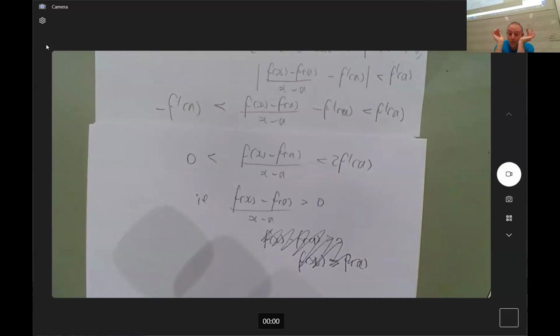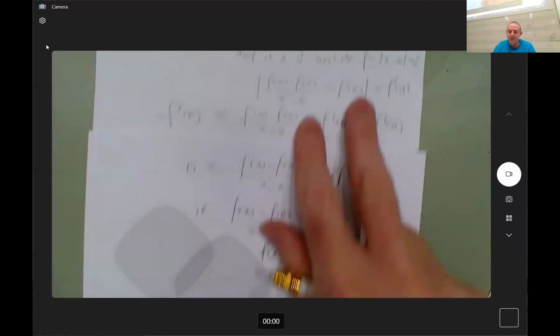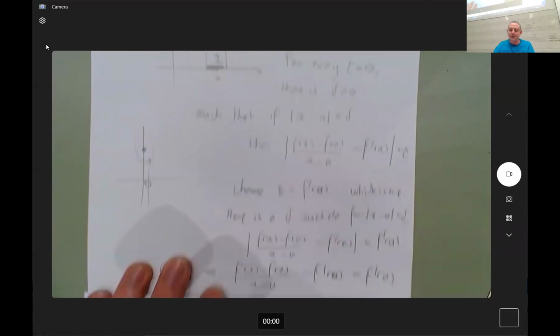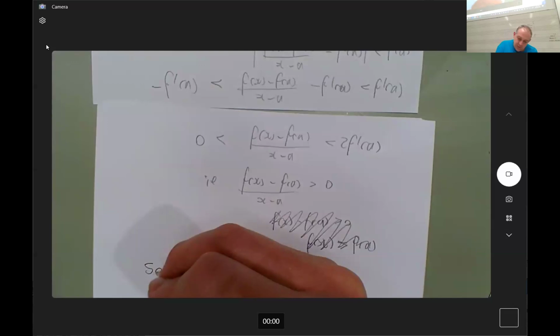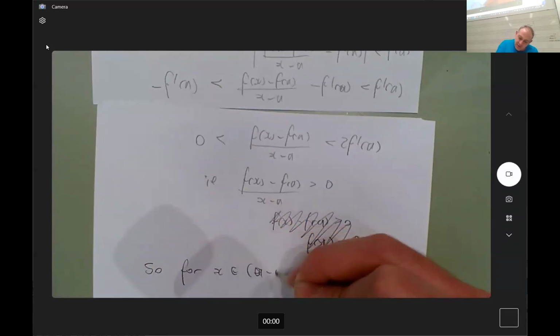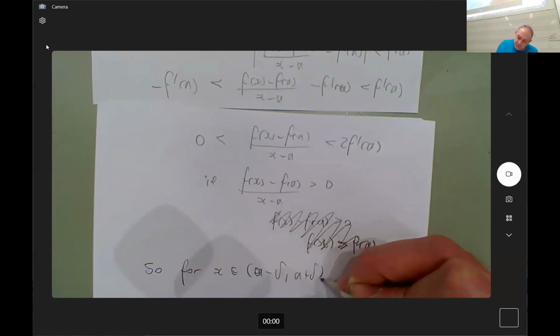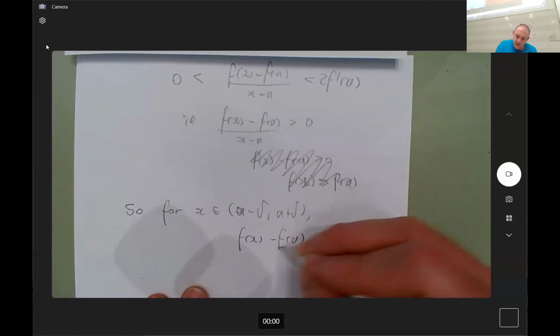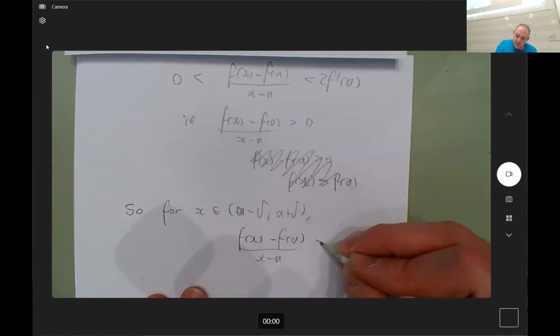Anyway, I do know for sure that this slope between the point a and x is definitely positive everywhere in this little interval from a minus delta to a plus delta. So far we have, for x in the interval from a minus delta to a plus delta, (f of x minus f of a) over (x minus a) is greater than 0.